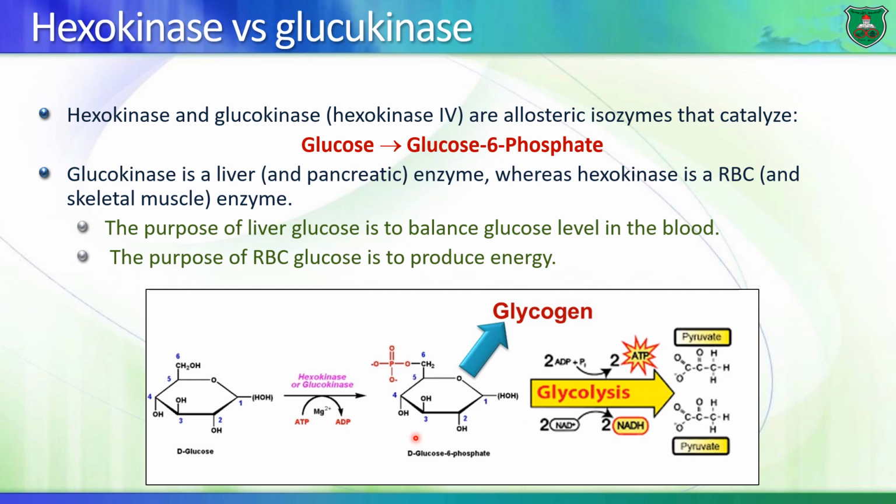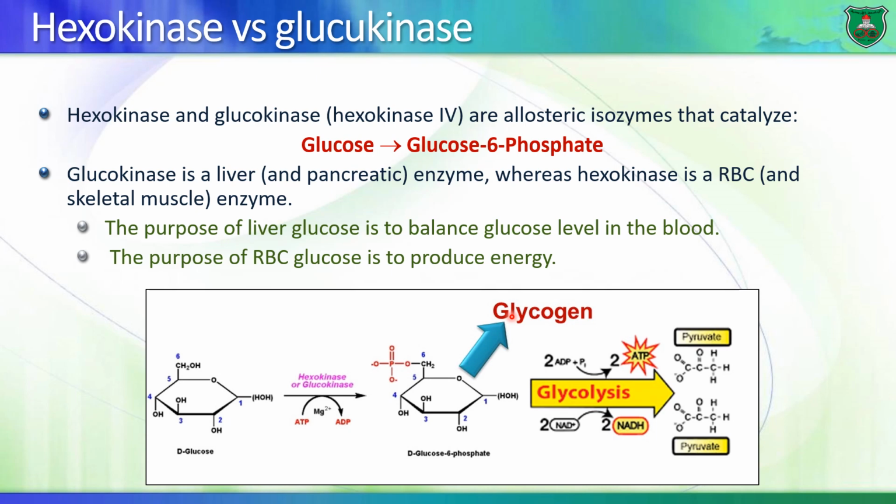On the other hand, if tissues, especially liver, and to some extent muscles, have a lot of glucose 6-phosphate and there's luxury in having this, of course, it can be stored as glycogen.